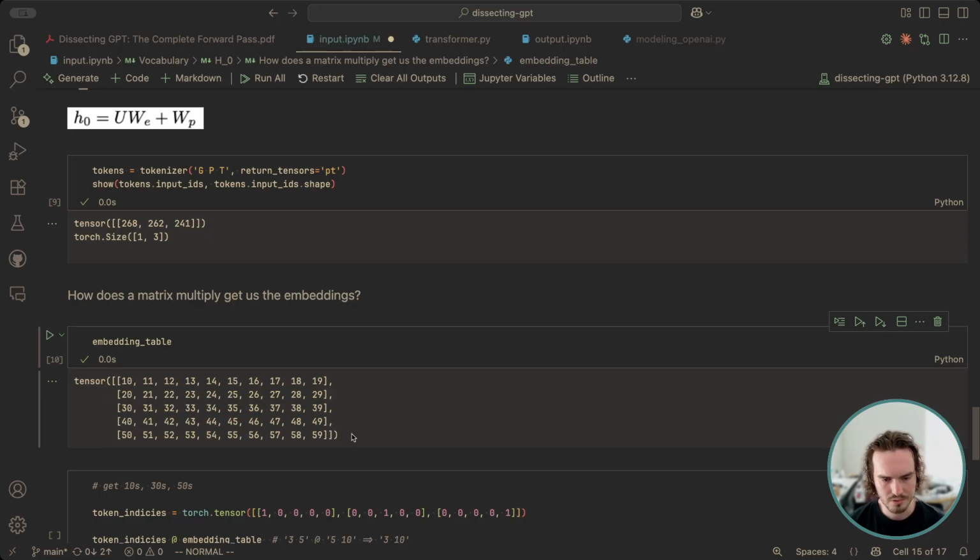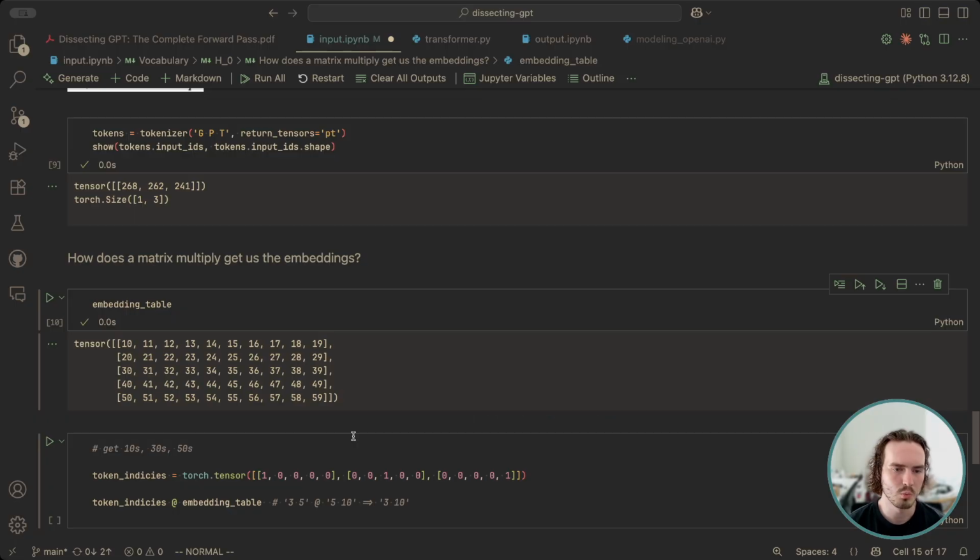In a normal imperative programming paradigm, I could just easily say, give me the 0th element here, the 2nd element, and then the 4th element. We can solve the problem the same way using a matrix multiply by framing the problem in terms of what are called one-hot encodings.